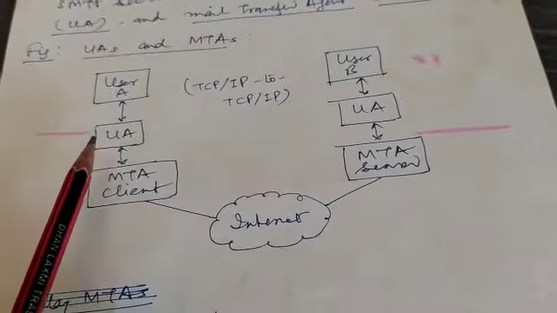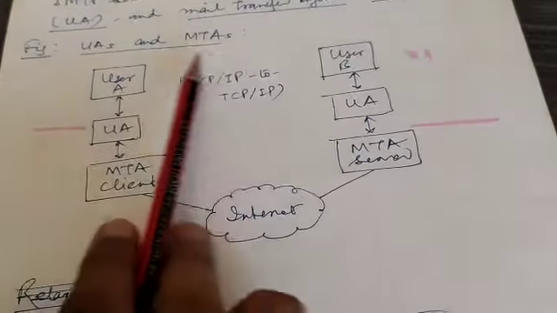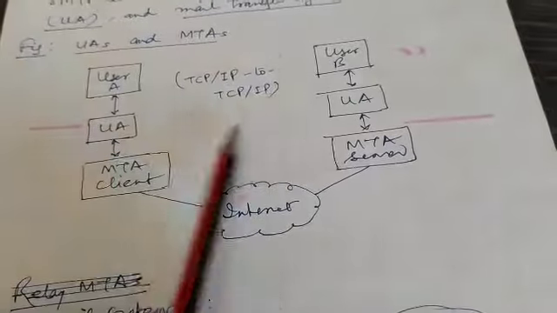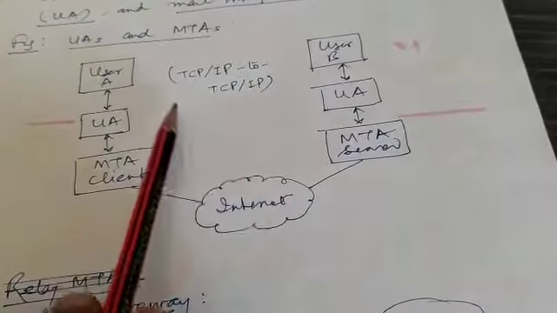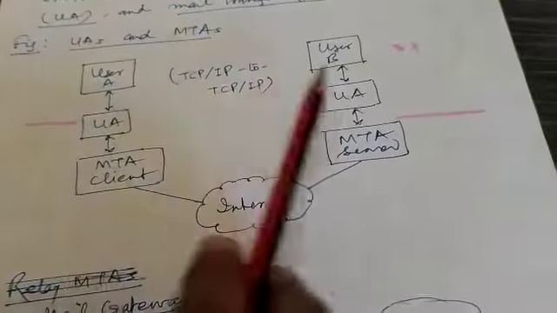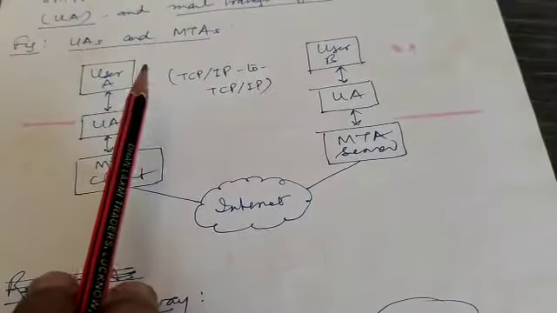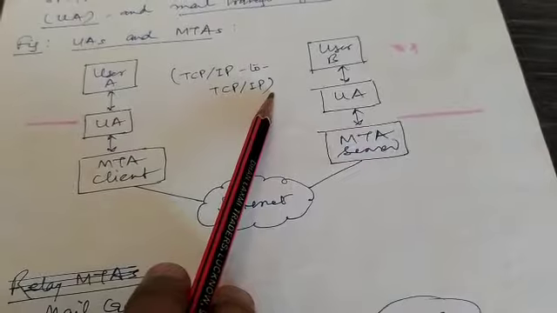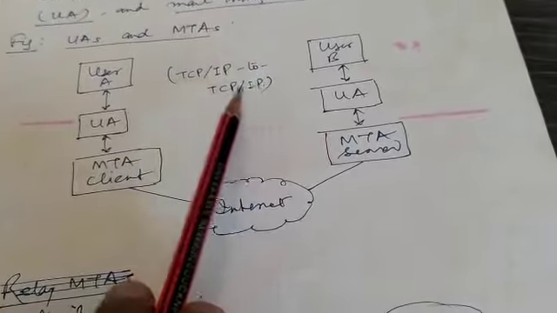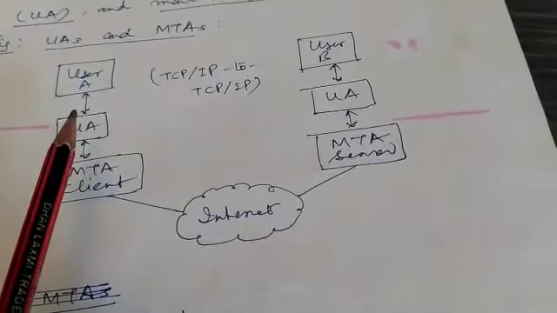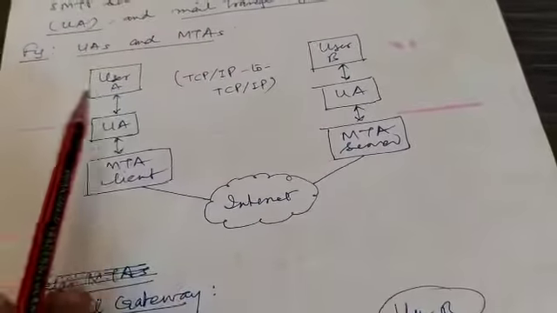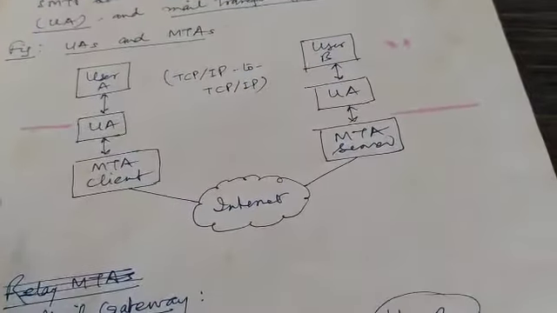We can see, for example, in this TCP/IP network that both the ends are TCP/IP supported or TCP/IP compatible ends.